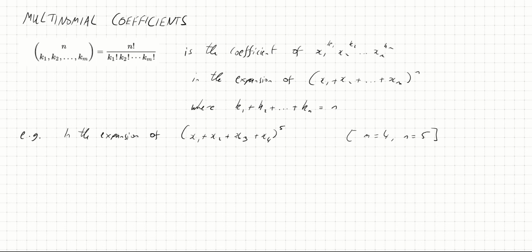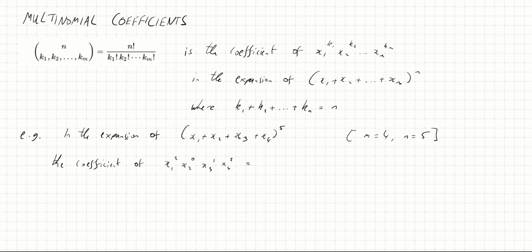The coefficient of x1 squared, x2 to the power of 0, x3 to the power of 1, x4 squared. Notice that all of these powers add up to 5, which is necessary.